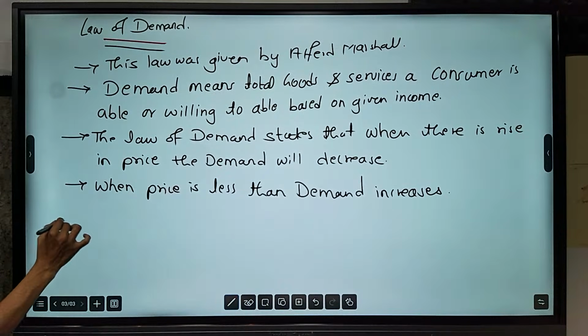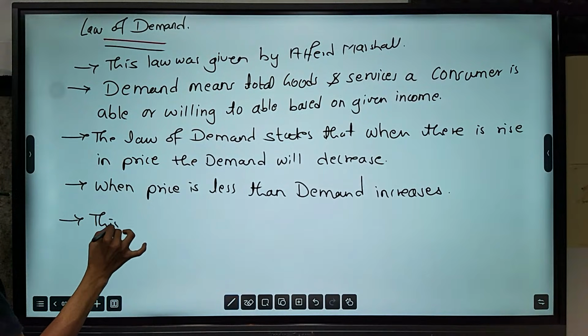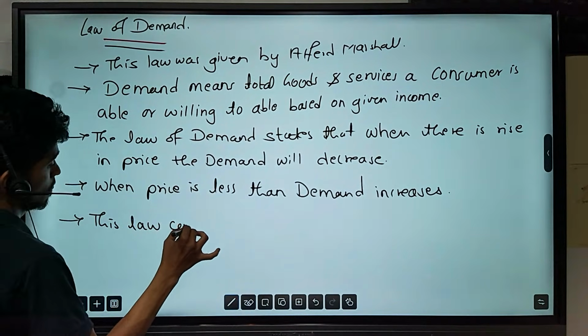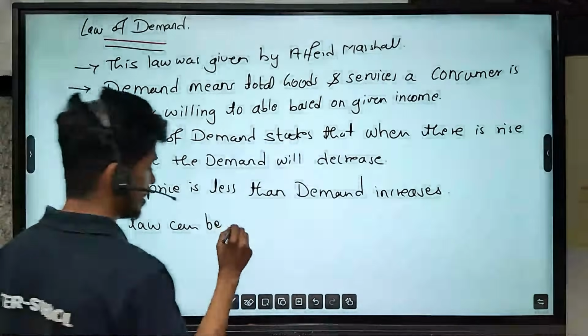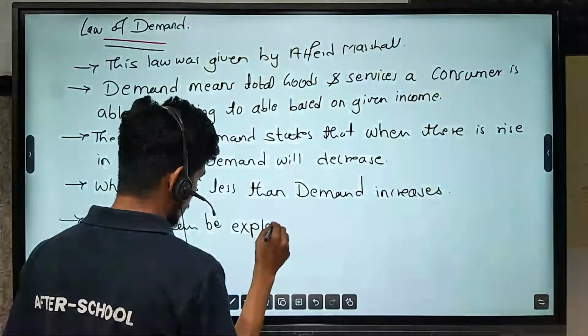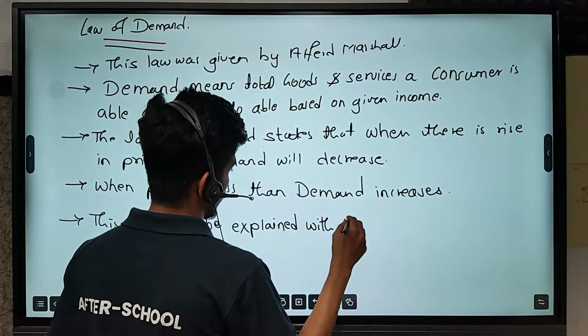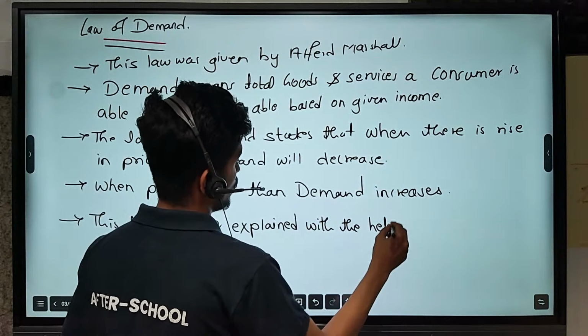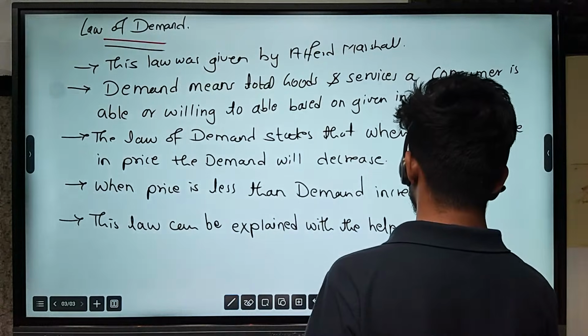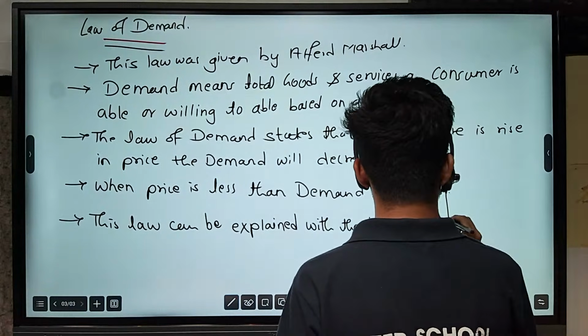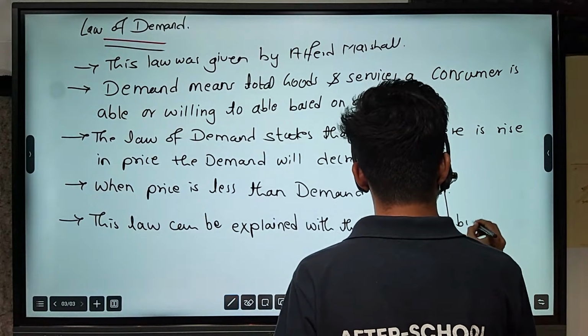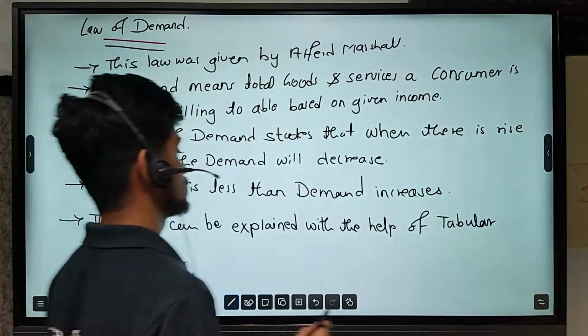Then you have to write that this law can be explained with the help of tabular representation.